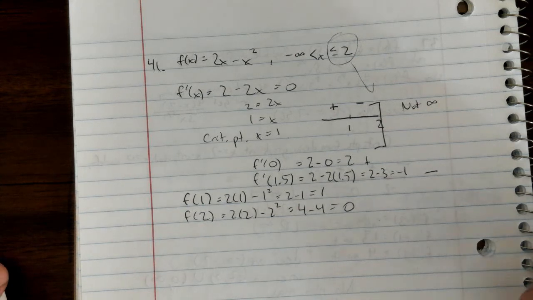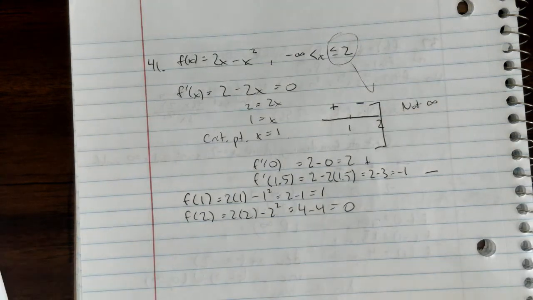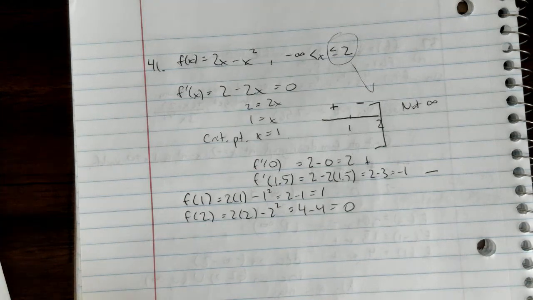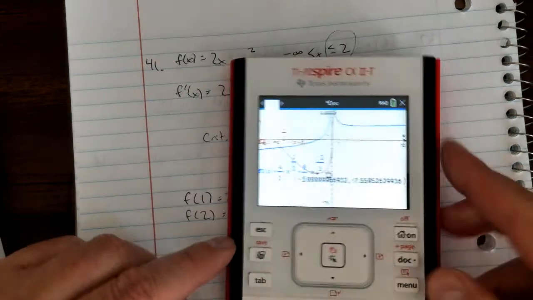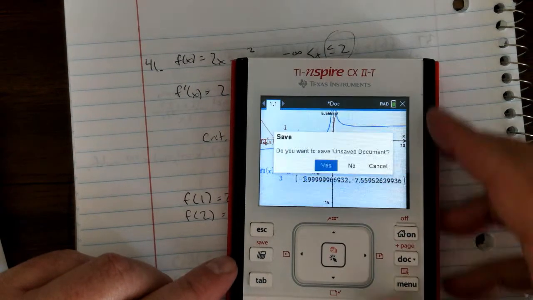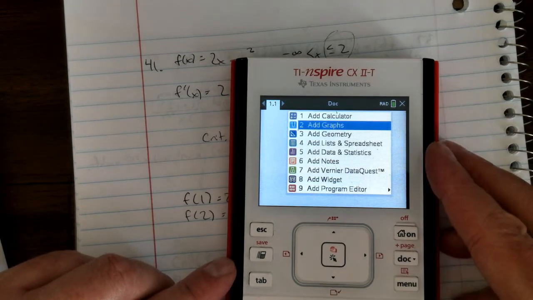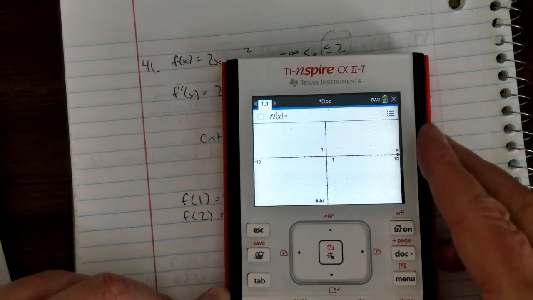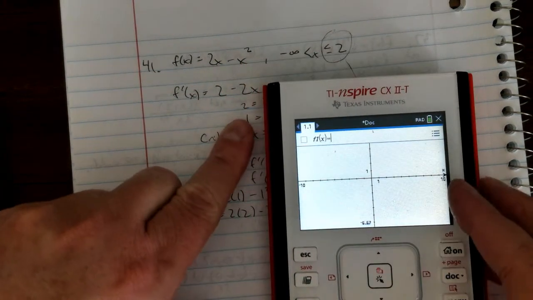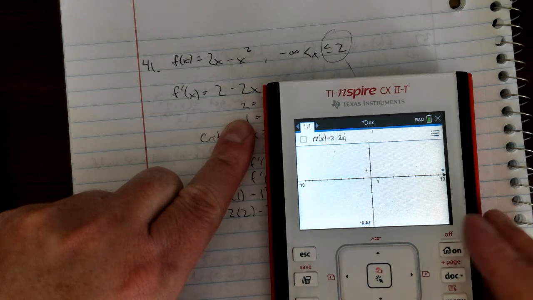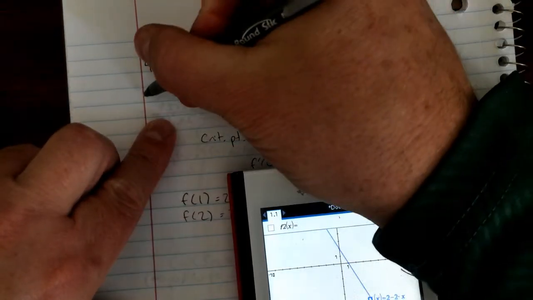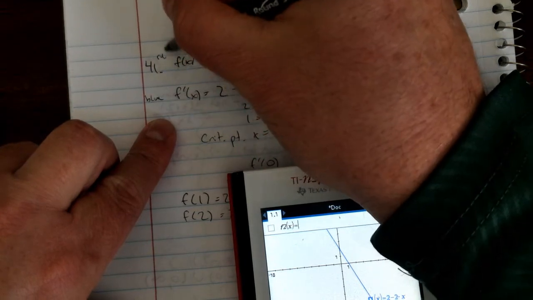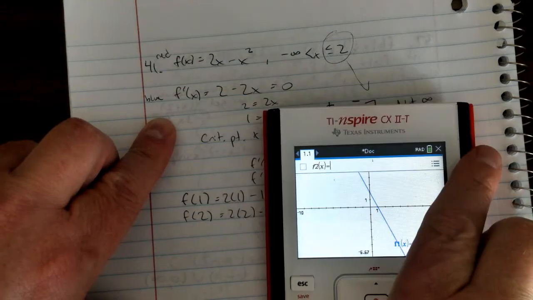Now the next step would be graph the original and the derivative. So I guess just to keep with the convention I've been doing, I will have the derivative as the blue graph, and the function is the red graph.